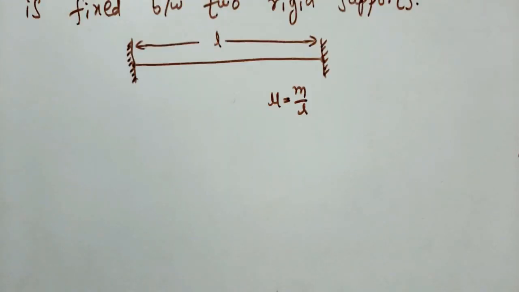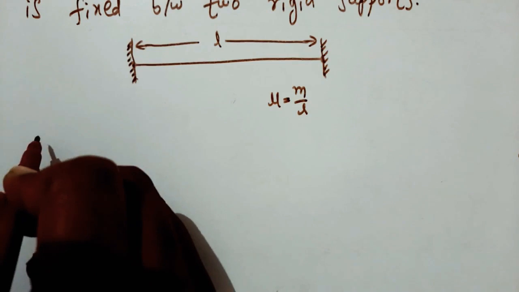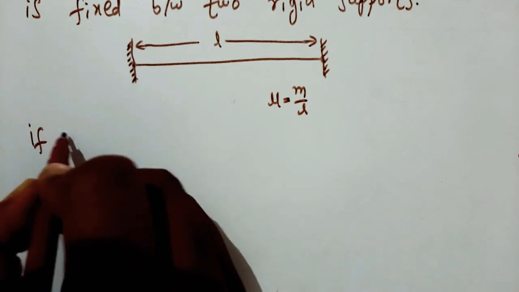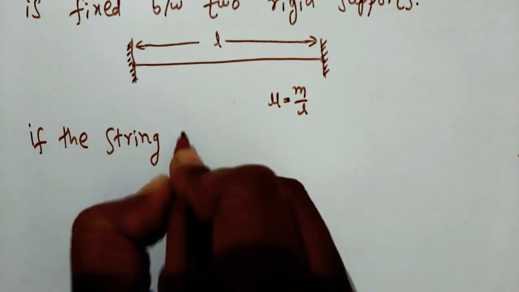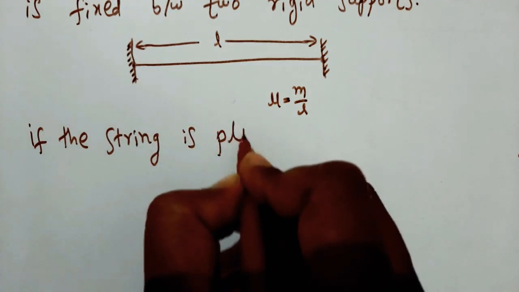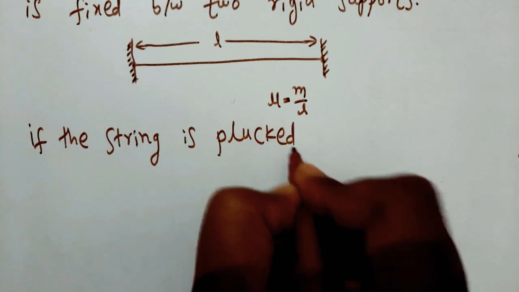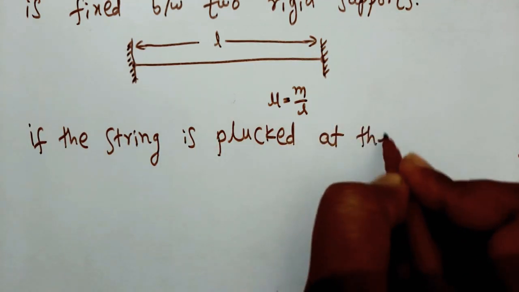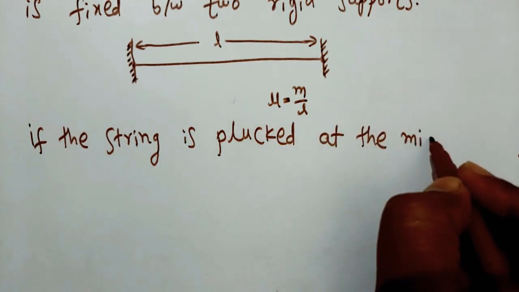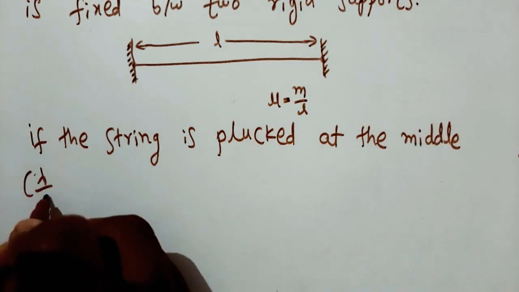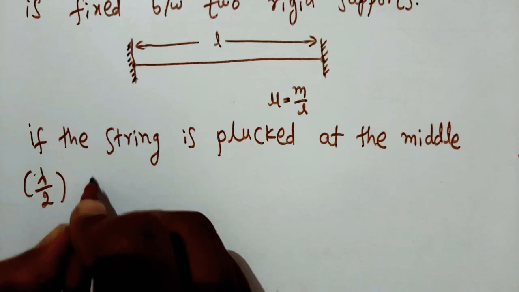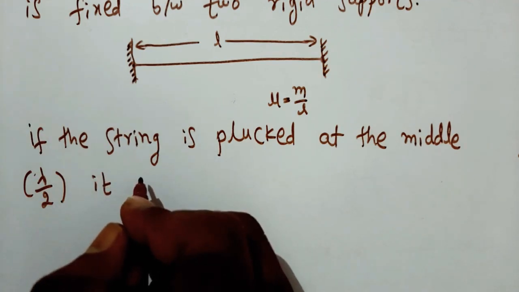If the string is plucked at the middle, that is at lambda by 2 distance, it vibrates with a single loop.